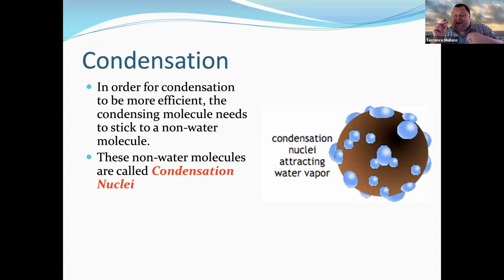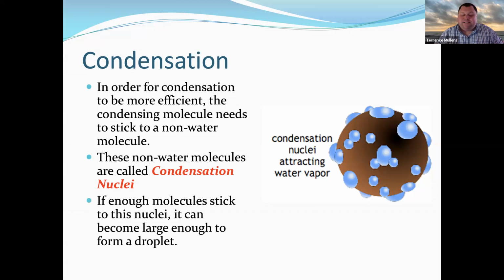And these non-water things are what we call condensation nuclei. And believe it or not, at the center of every single water droplet is a condensation nucleus. It's a little non-water particle that water sticks to.